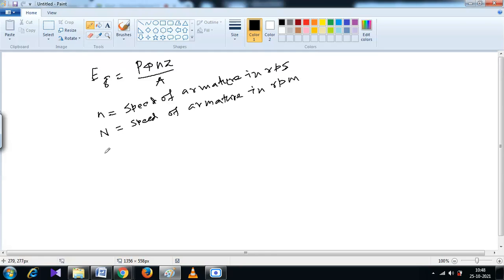So what is the relation between small n and capital N? Can anyone tell me? Sir, small n is equal to capital N by 60. So how do we do that? Suppose capital N is equal to 60 RPM.